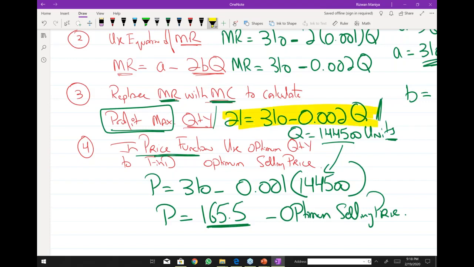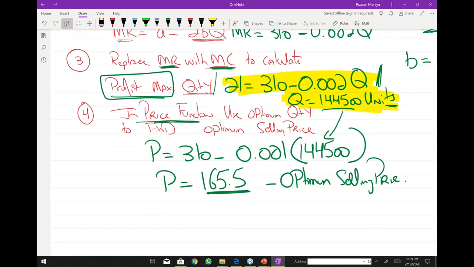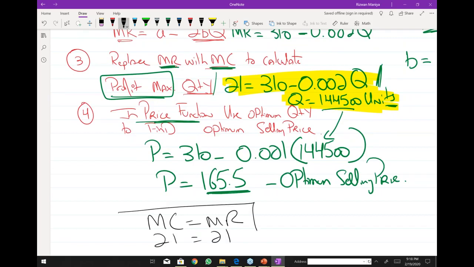Just work back for Q and you will get the optimum quantity. So at the MC equal to MR point, MC is 21, MR is 21. If both become equal, this is known as the profit maximizing point.